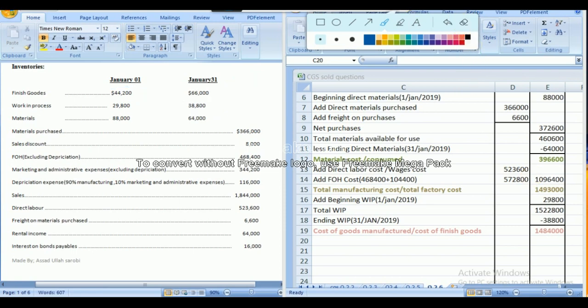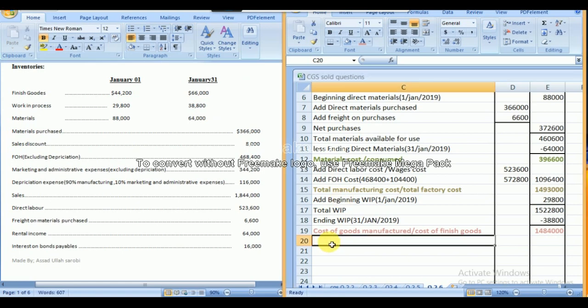We will add those finished goods of the previous month. So add beginning finished goods.